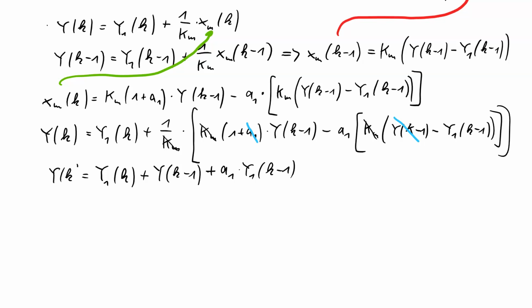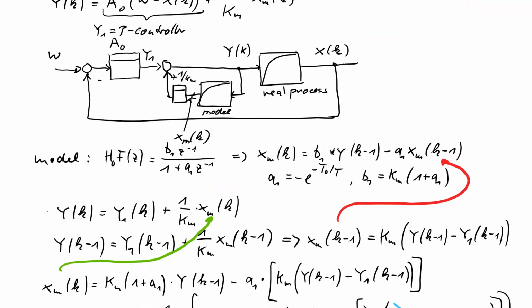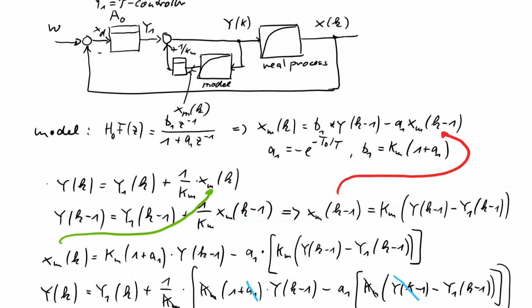Okay, to see that this is a PI controller, we replace now y1 of k with a sub o times the control difference xd of k. So y1 of k is a sub o times xd of k, and y1 of k minus 1 is a sub o times xd of k minus 1.